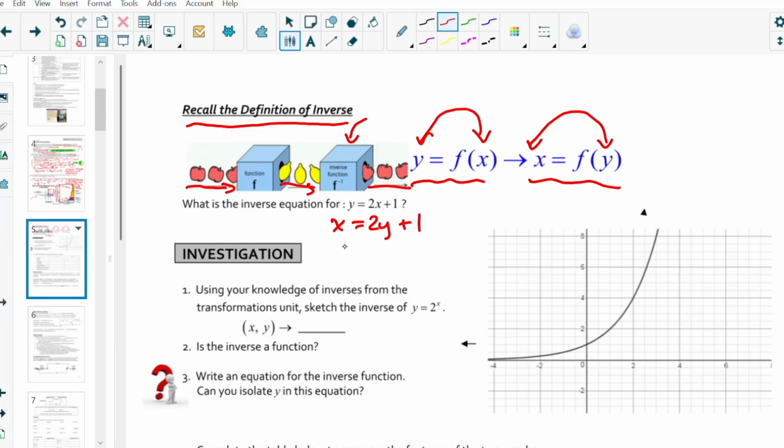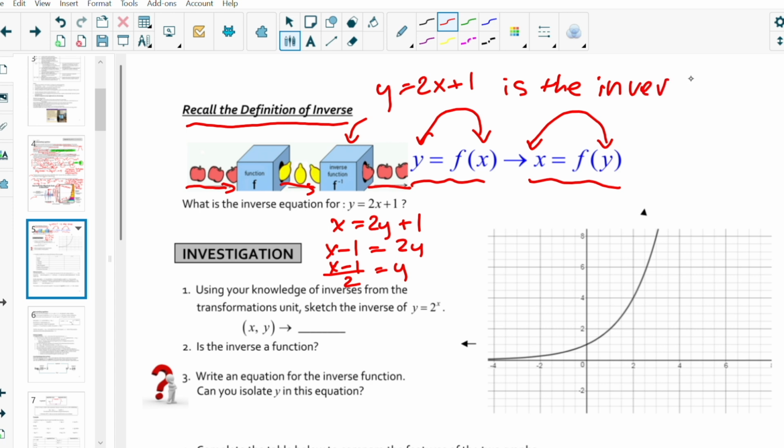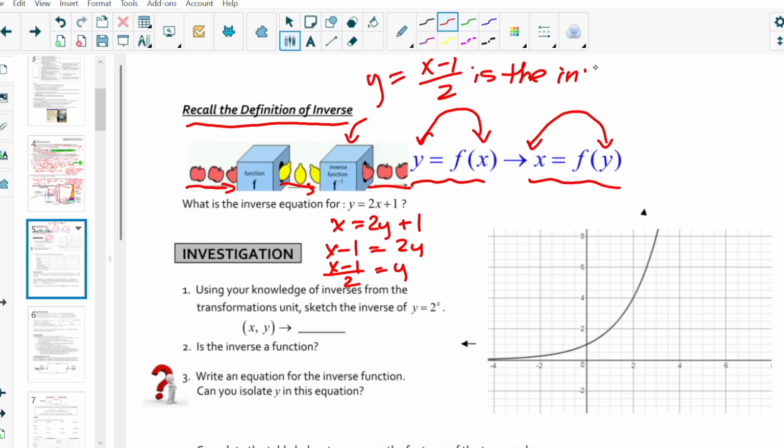If I solve for y, y equals x minus 1 divided by 2 is the inverse of y equals 2x plus 1.